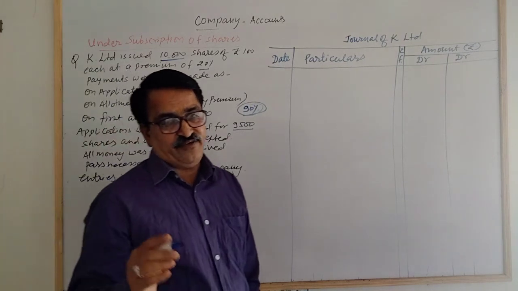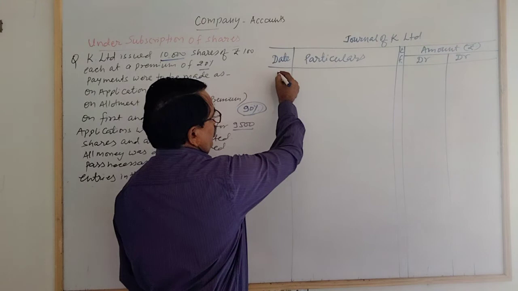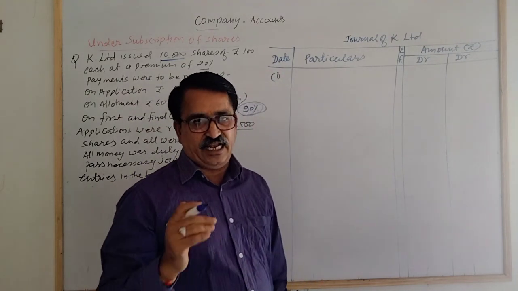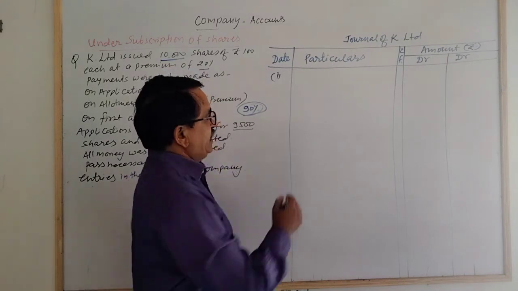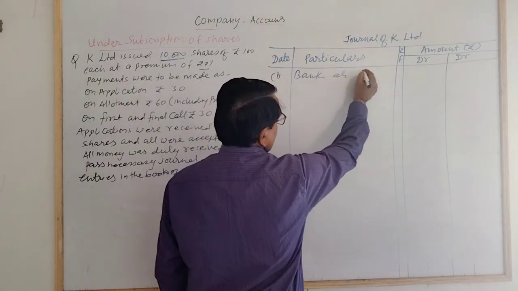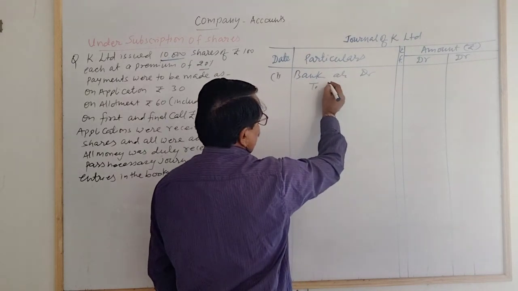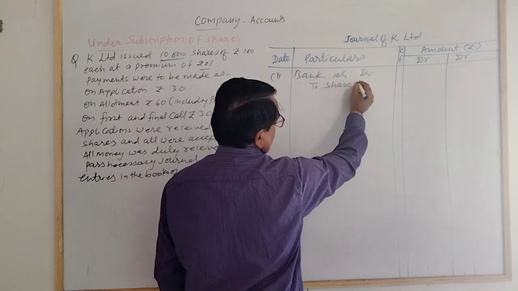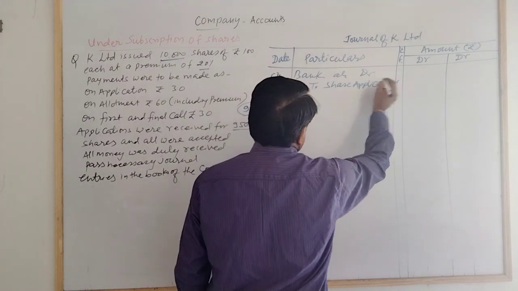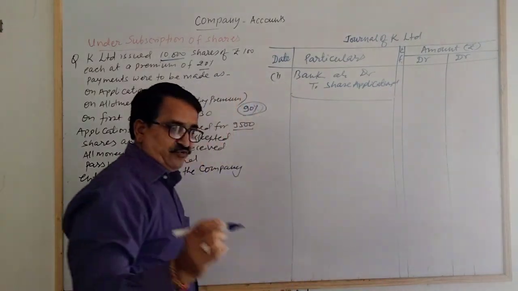Very first, we need to pass the entry on receiving applications: bank account debit to share application account. And how much amount are we receiving?